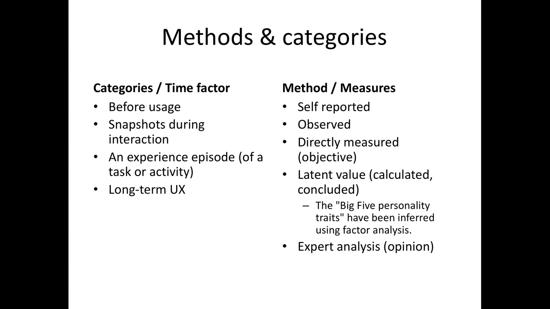So we can have diaries, like self-report diaries. We can observe what the user is doing, or we can directly measure, like time on tasks or number of clicks. We can also calculate and conclude the Big 5 personality traits, and we can have also experts' opinion.